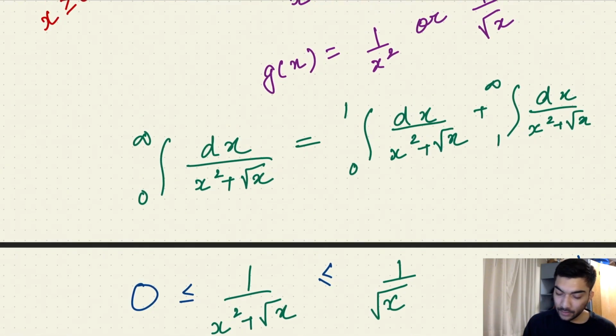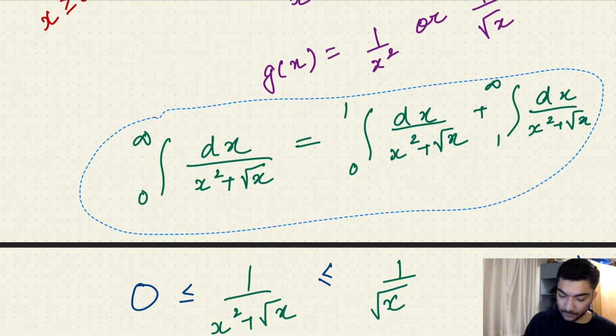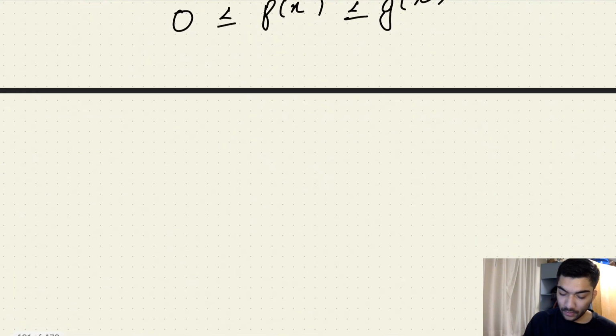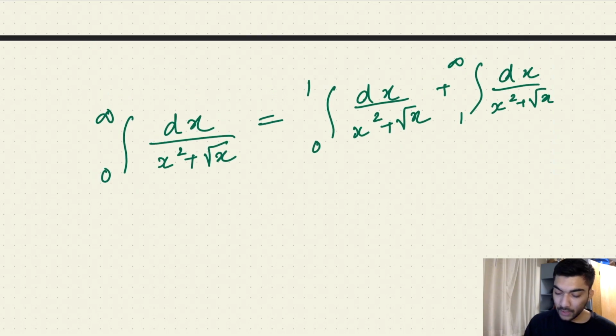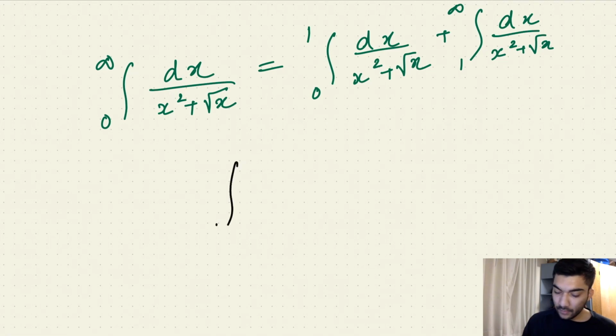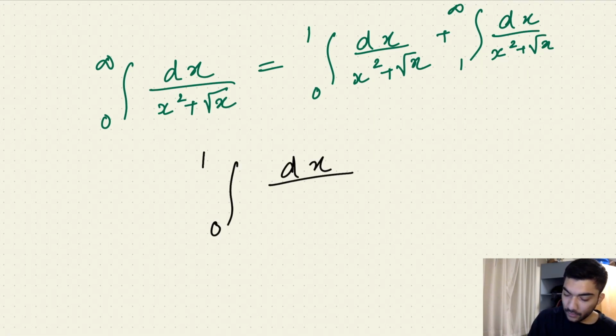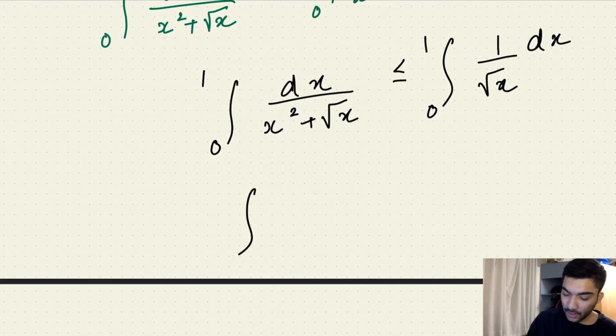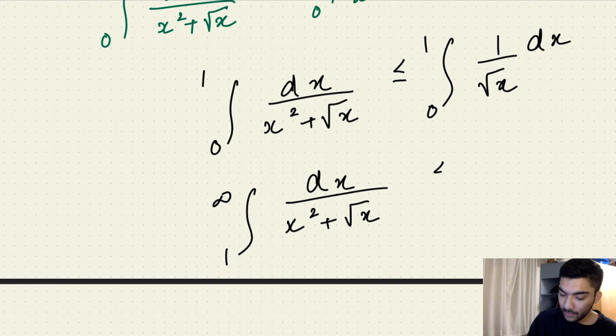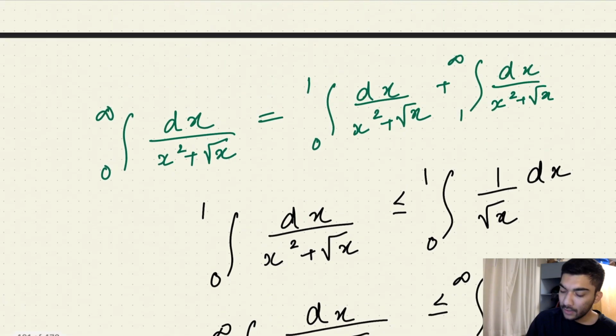since we are comparing this expression over here, we know that the integral of 0 to 1 of dx over x square plus root x is less than or equal to the integral of 0 to 1 of 1 by root x dx, and also the integral from 1 to infinity of dx over x square plus root x is less than or equal to the integral from 1 to infinity of 1 by x square dx, right?